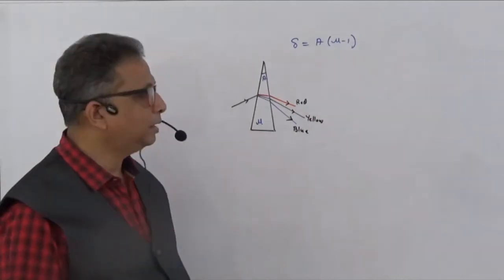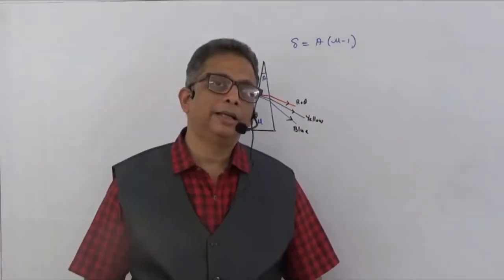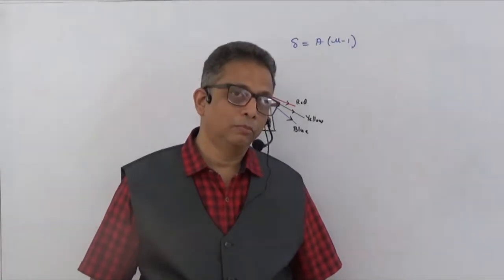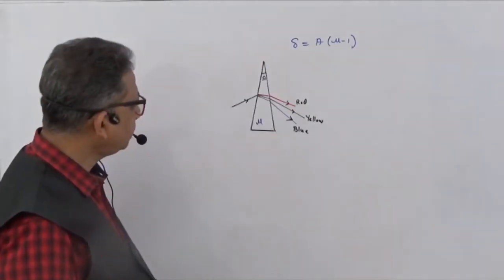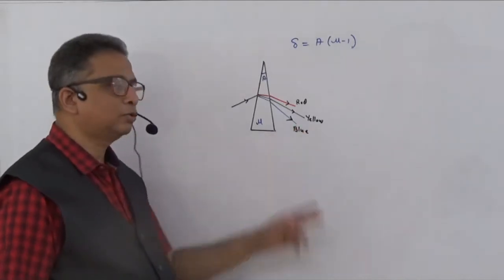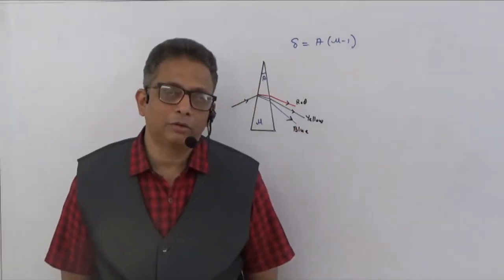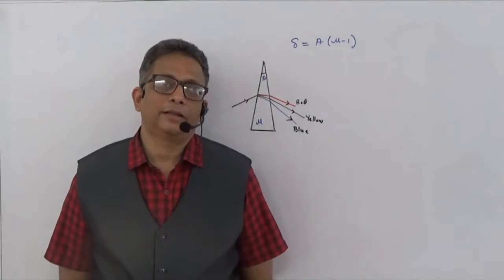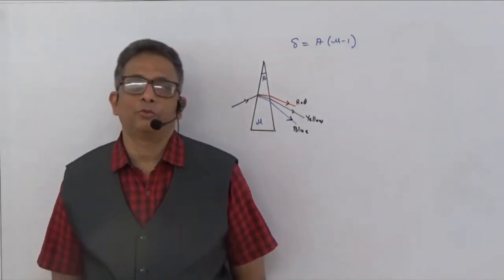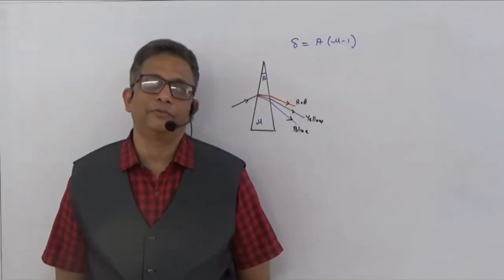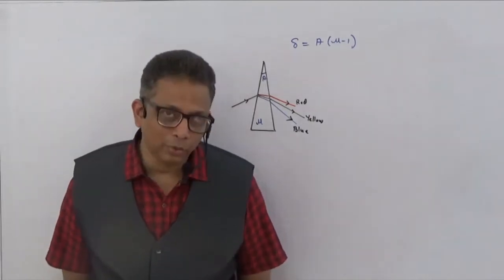As you can see, the deviation of red is the least. Deviation of violet is more. Now, this is also one of the reasons which you must have studied in your 9th and 10th standard, why the sky appears to be blue. That is because the blue color deviates more, and therefore the effect is seen more vastly with the blue color.